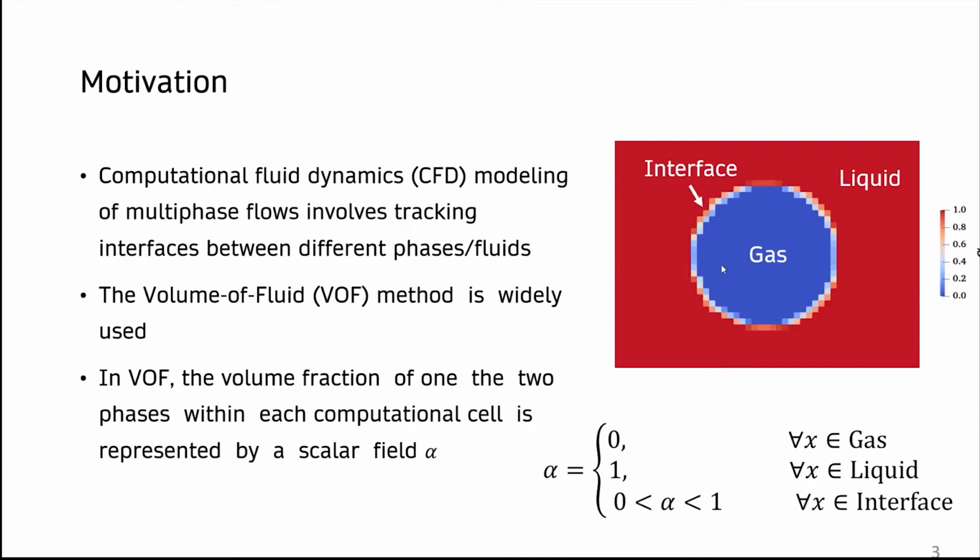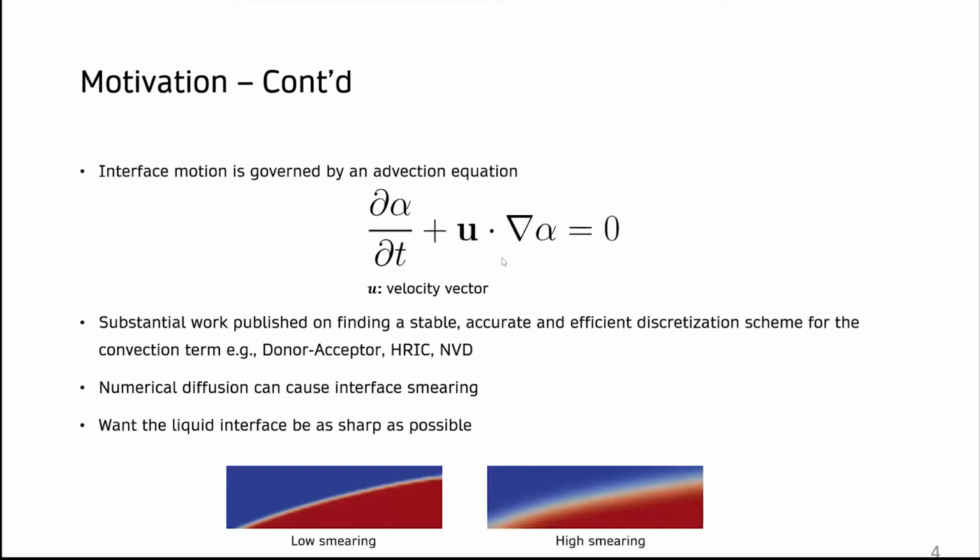You can imagine that when we have this scalar field, which represents the interface, if I solve an advection equation based on the velocity field that I have, I should be able to track the location of the interface throughout the simulation. This alpha is also used when calculating the properties of the fluid in each cell.